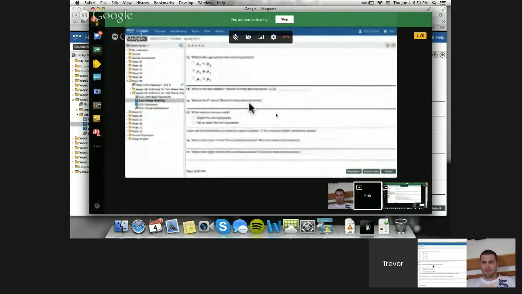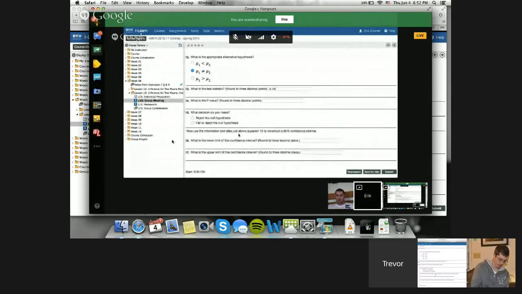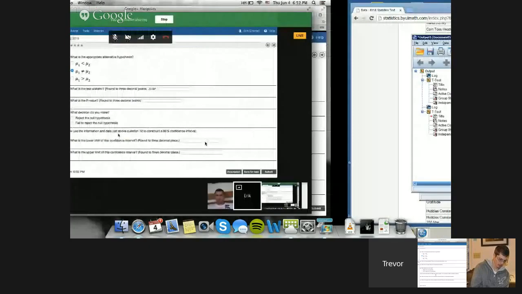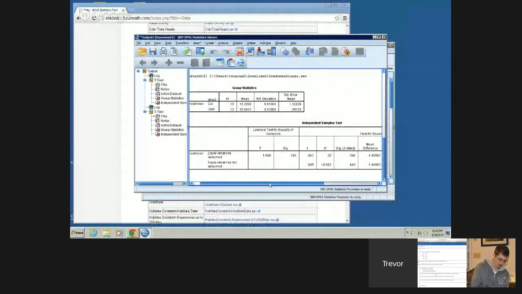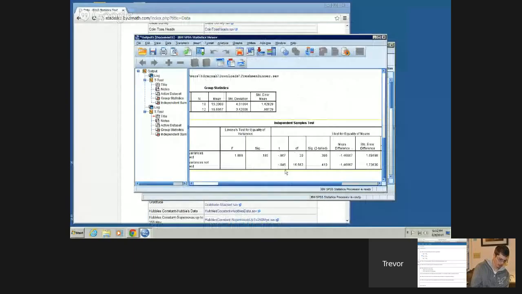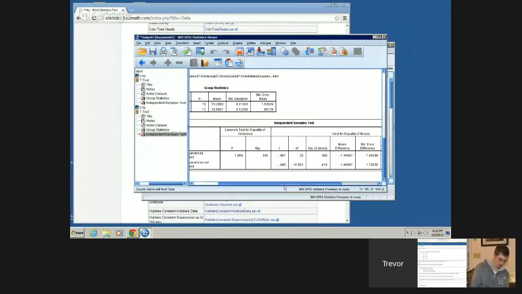Well, I was asking where he got the test statistic from. Got it right here. Which one of those two do we use? It said it wasn't good.